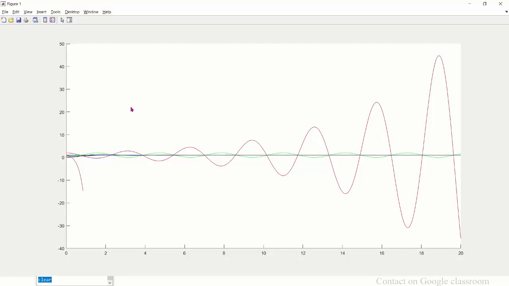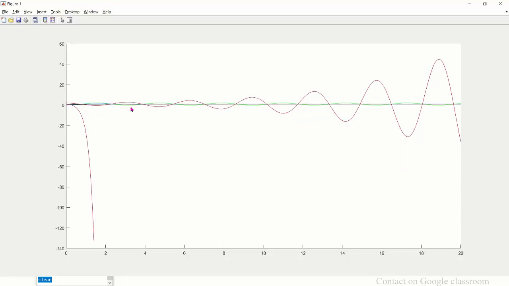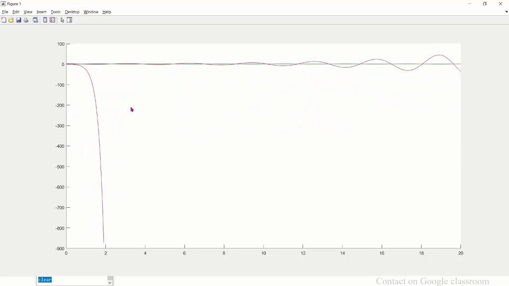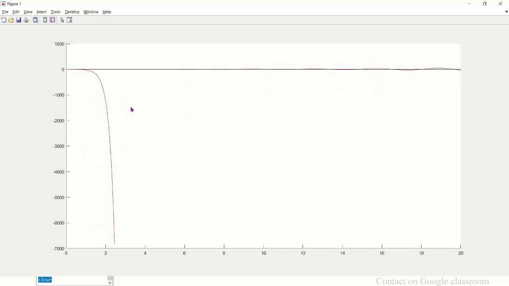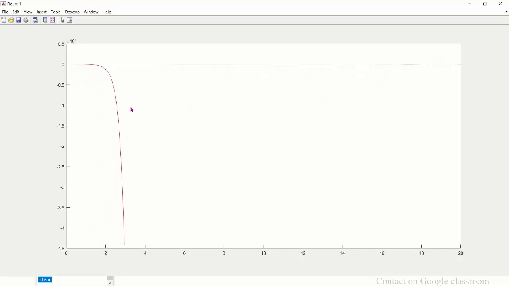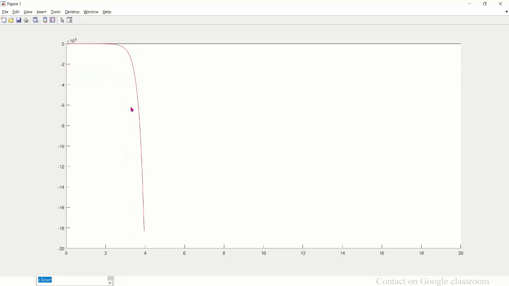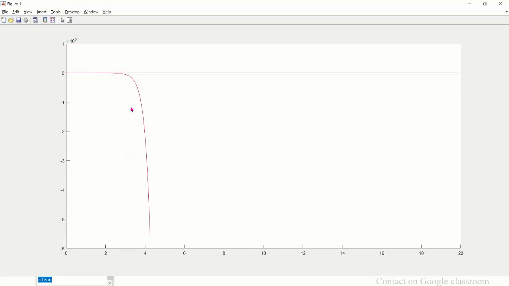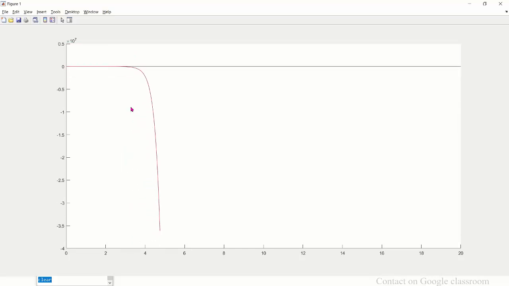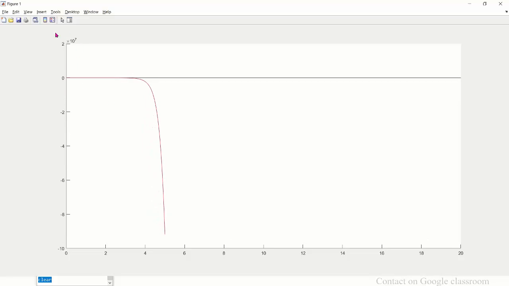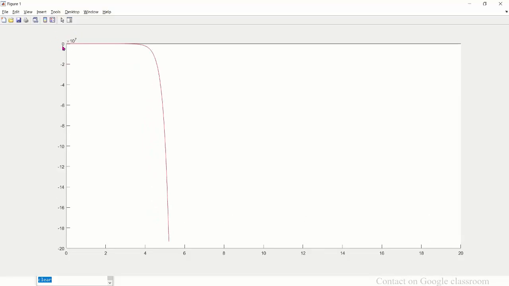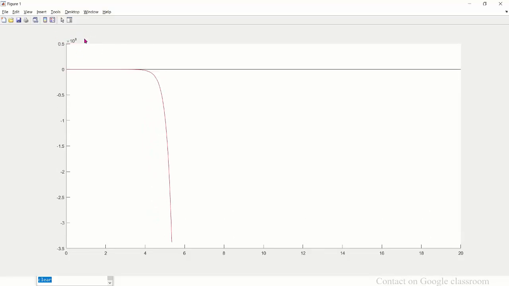Now here comes the waveform for zeta taken as minus 1.2. So now we see that there is no sinusoidal effect on the waveform. The whole waveform seems to be exponentially growing, and if you see the values, they are increasing at every step.